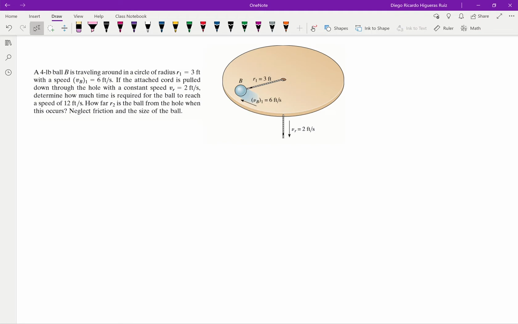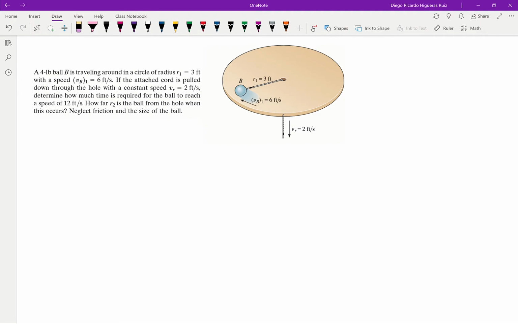So let's see. We're going to start the problem calculating the v theta. Let's see what that is.